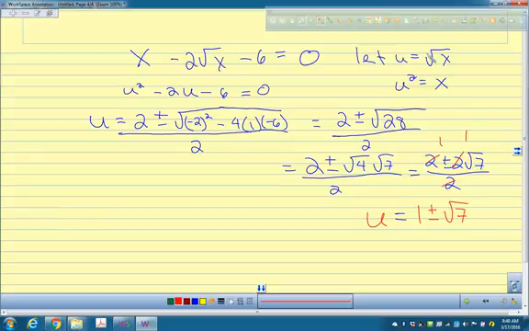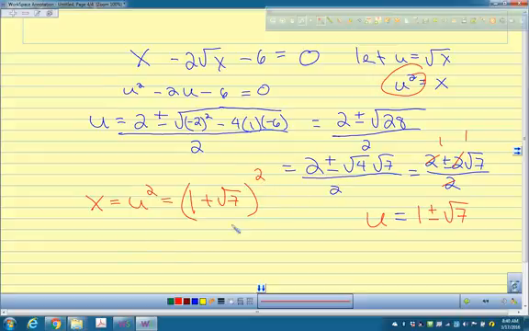What's u equal to? Square root of x. So if u is equal to the square root of x, how do I find out what x is? What's x? X equals what? U squared, right? So x is u squared, so I'm going to take 1 plus root of 7, and I'm going to square it.